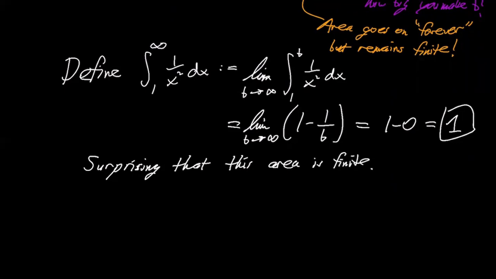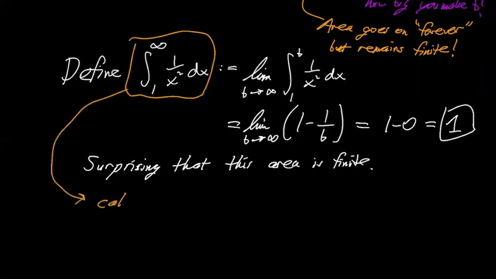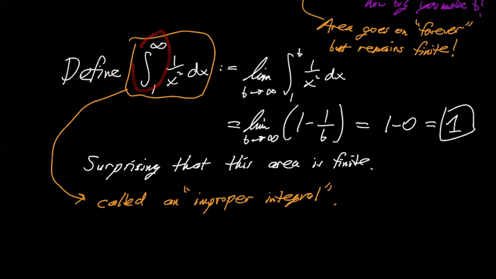And such an integral is called an improper integral, because we're doing something kind of improper, which is we don't really have a right-hand endpoint. It's not about the function being improper; the bounds of the integral are what are considered improper.